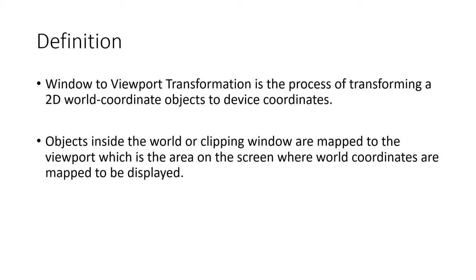And objects inside the world or clipping window are mapped to the viewport, which is the area on the screen where world coordinates are mapped to be displayed. As I said, viewport means wherever the device is kept, the device coordinates are known as the viewport coordinates, and window is the world coordinate. So objects inside the world or clipping window are mapped to the viewport.